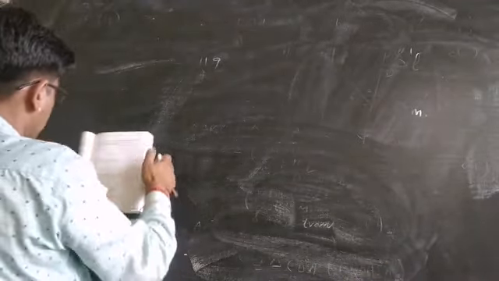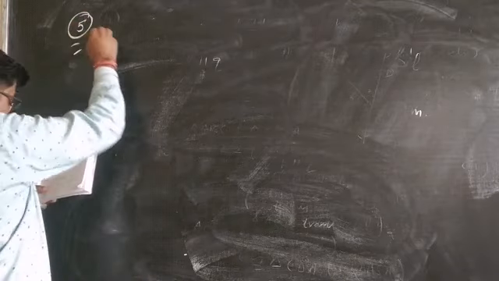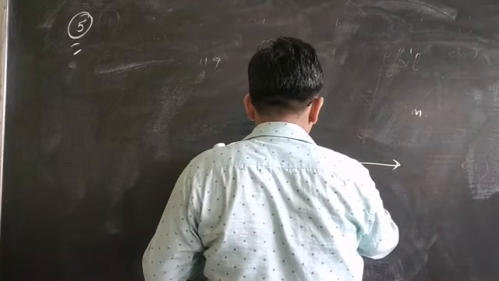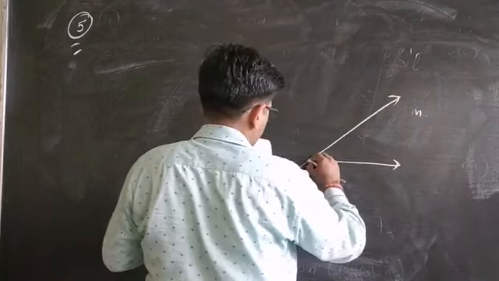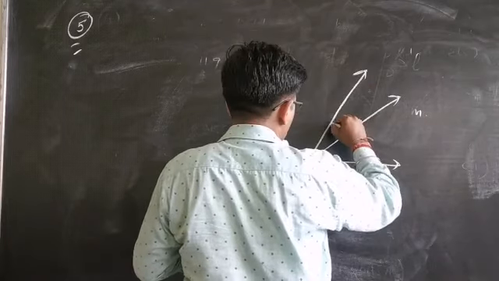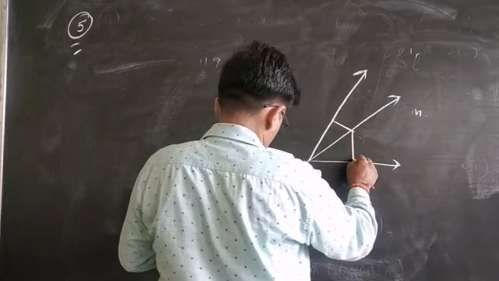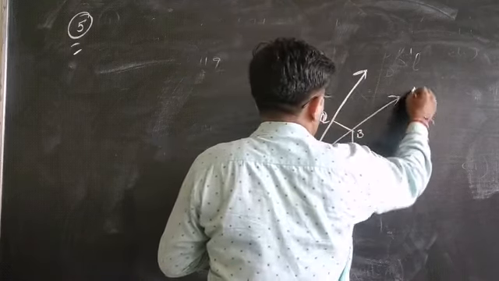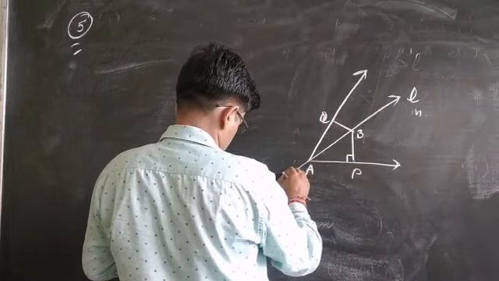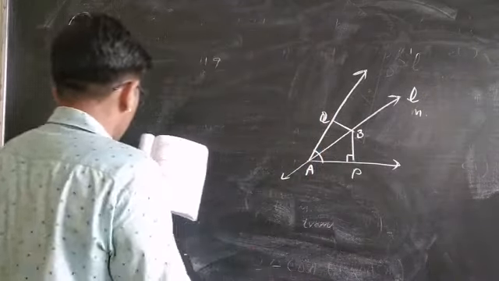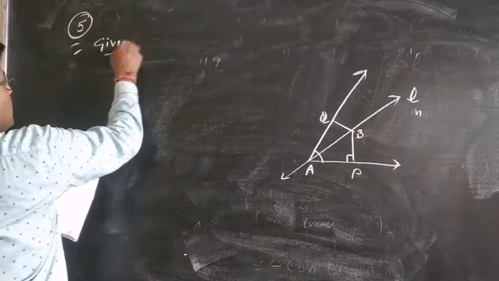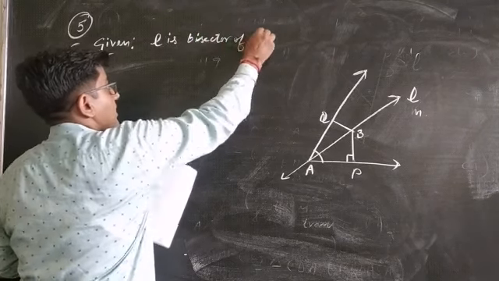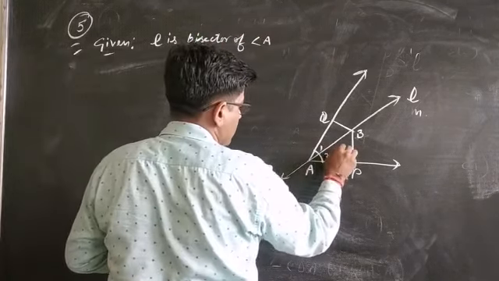Now in the next question, question number 5, again a figure is given. So it is given to us that L is the bisector of angle A. So this is angle 1, this is angle 2.